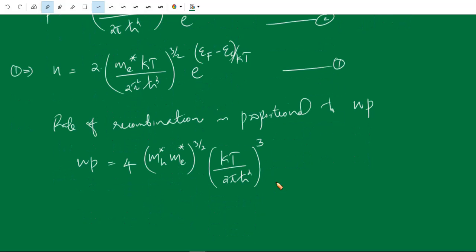So this will become e raised to minus of (Ec minus Ev) divided by kT.